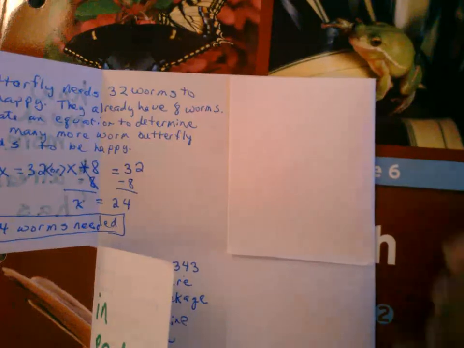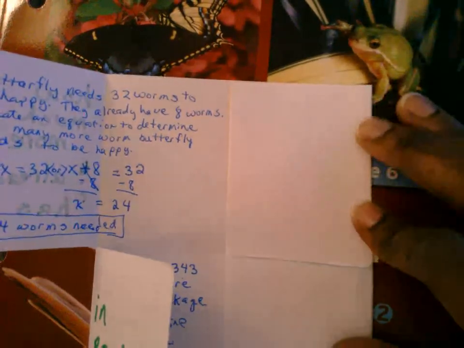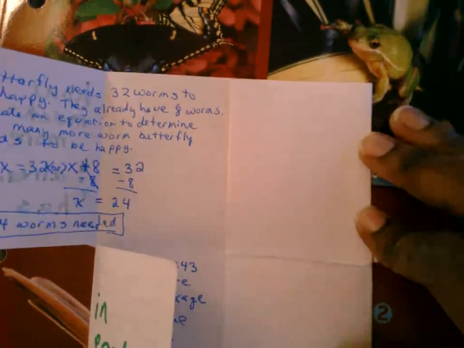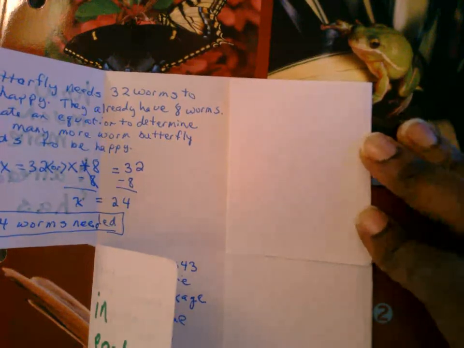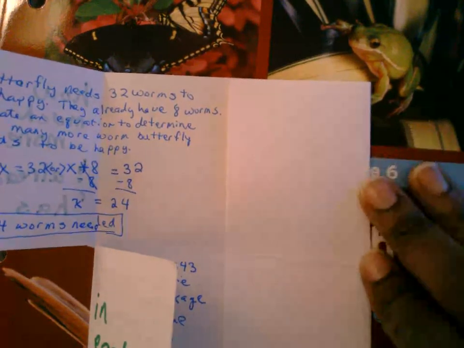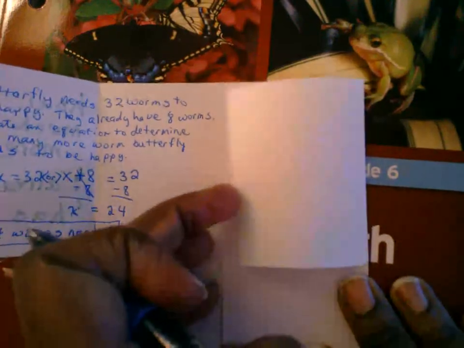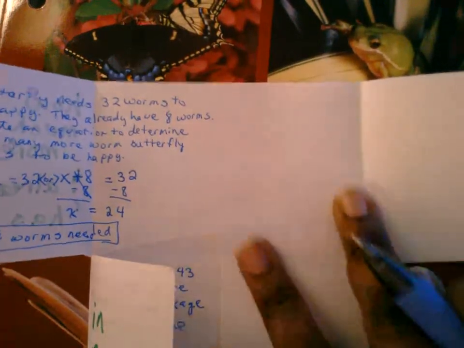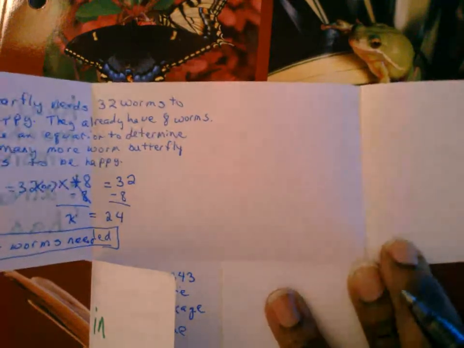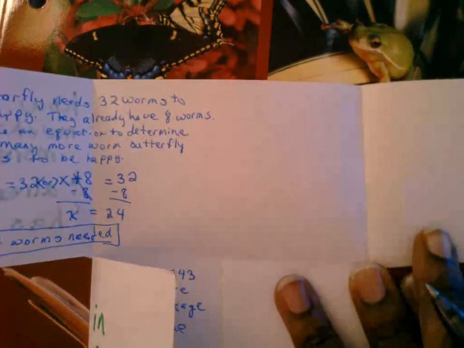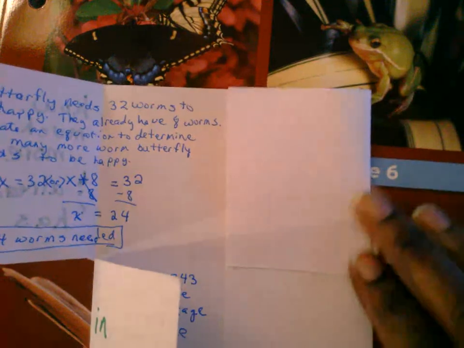We are going to delve into inequalities. And so on the outside of the flap, we will write the inequality in some words, and then on the inside, we will put the number line for the inequalities.